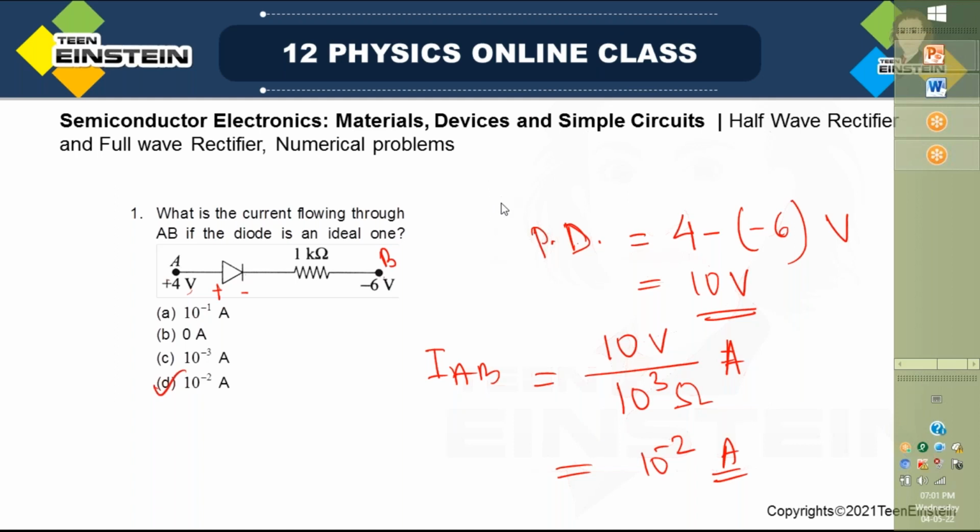Next day we'll first learn the working principle of the filter circuit, and then we'll go to the Zener diode, and there we'll also learn one application of Zener diode, that is voltage stabilizer. The Zener diode is used as a stabilizer. We'll first learn what a Zener diode is and what its properties are. Then we'll go to the application part of Zener diode.